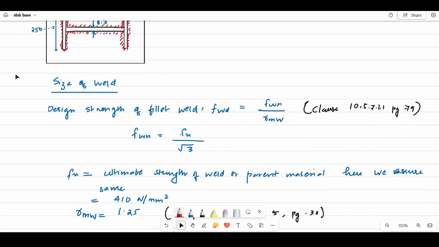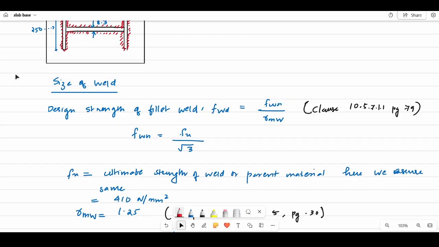We basically have to design for the length and size of the weld, those are the two basic parameters. To determine the size of the weld, we have to find the design strength of the fillet weld. Basically we are designing for a fillet weld, so we have to go to page number 75. Section 10 is the section where we study the various details of connections like bolted connection and welded connection.